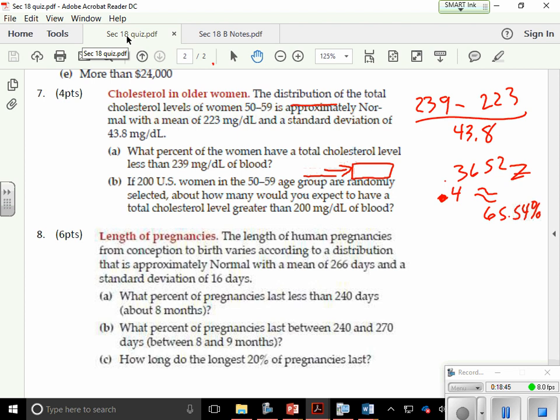So 200 is going to go in as my value. I'm still going to subtract 223. I'm still going to divide by 43.8 because the average and the standard deviation didn't change. What does that give me as a Z-score?